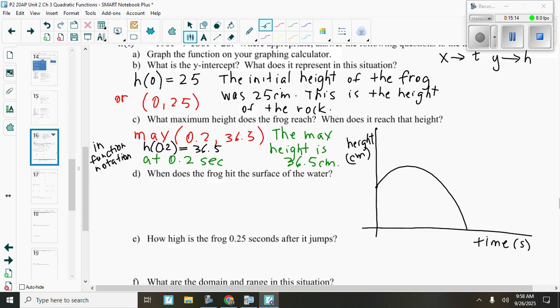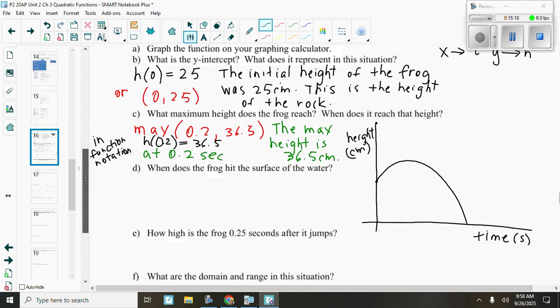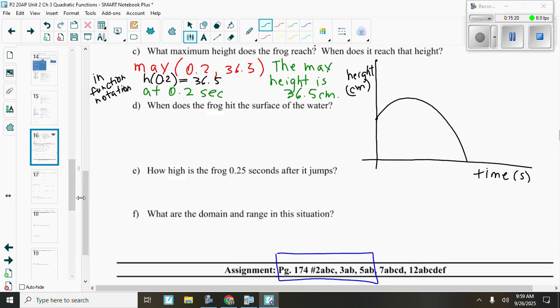All right, when does the frog hit the surface of the water? Visually, froggy's hitting the surface of the water, because the water is like my zero, right, my x-axis. That's the height of the water.